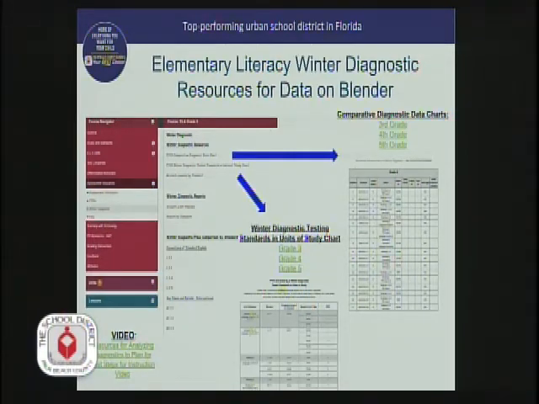All right, I really, truly recommend you get into the PowerPoint because we're not going to show you everything. But here are some elementary literacy resources, some diagnostic stuff, some comparative diagnostic charts, all which give you great data. The beauty of all the data charts I'm going to show you is they all go straight to Unify, and they're all tagged to your particular sign-on.